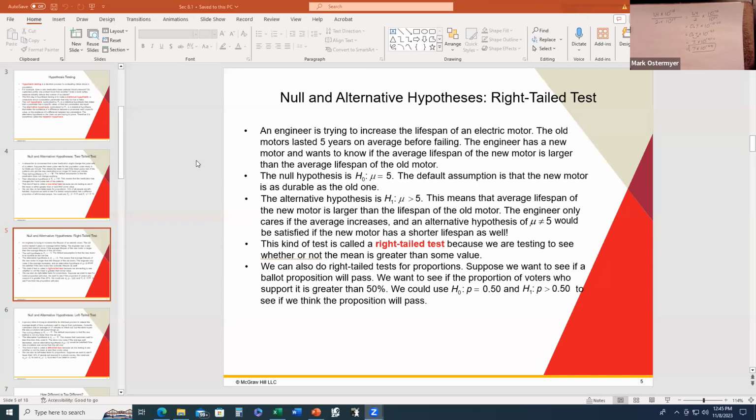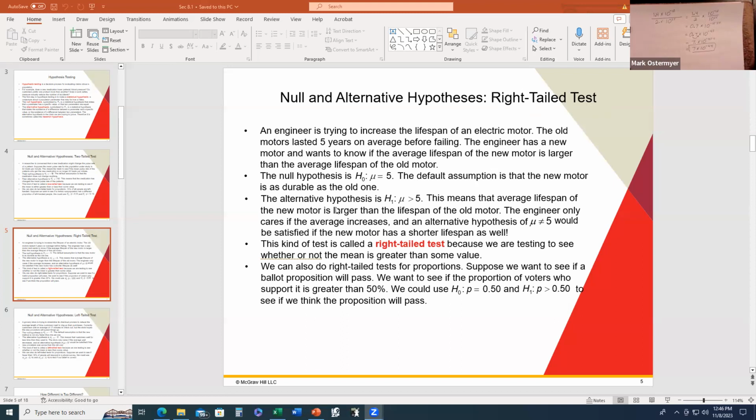This would be an example of a right-tailed test or an upper tail test. When they say right-tail test, that's another name for upper tail test. An engineer is trying to increase the lifespan of an electric motor. The old motor lasted 5 years on average before failing. The engineer has a new motor and wants to know if the average lifespan of the new motor is larger than the average lifespan of the old motor.